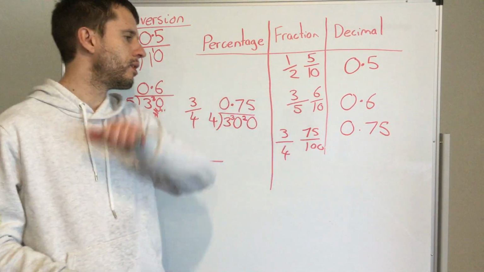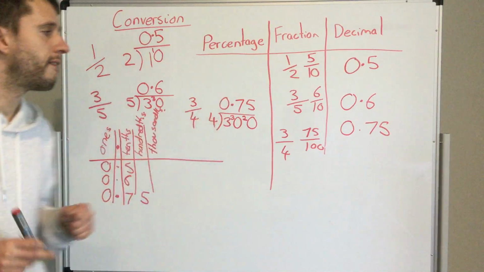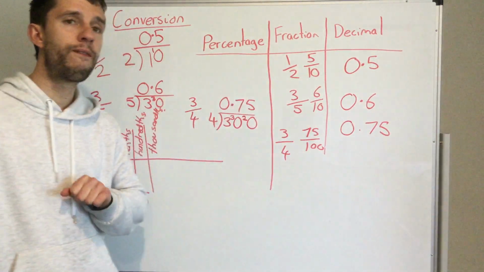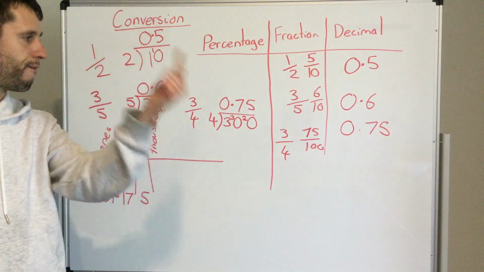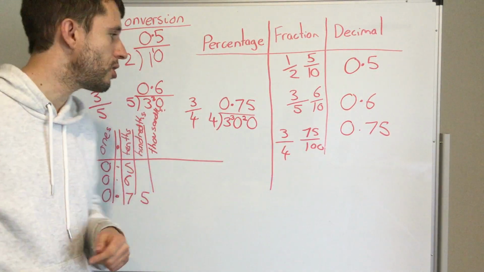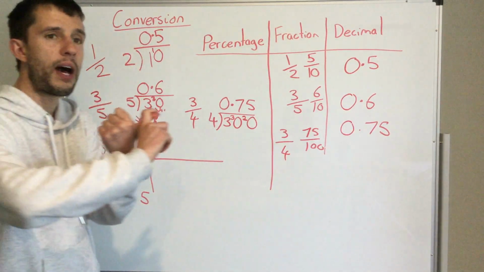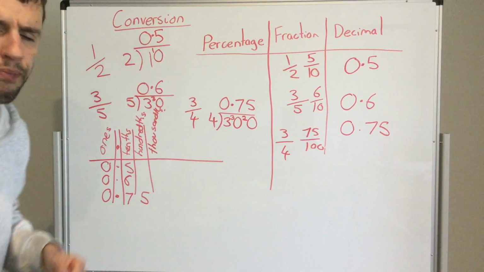Because what does 75 and 100 have in common? 25. How many 25s in 75? 3. 25, 50, 75. How many 25s in 100? 4. 25, 50, 75 and 100.